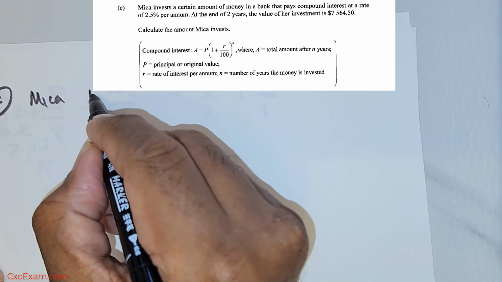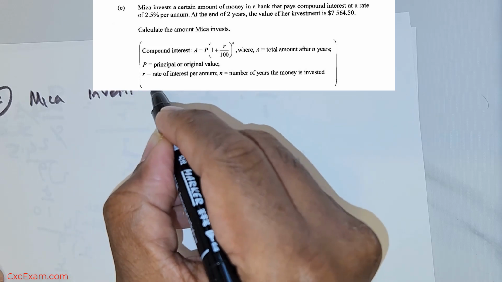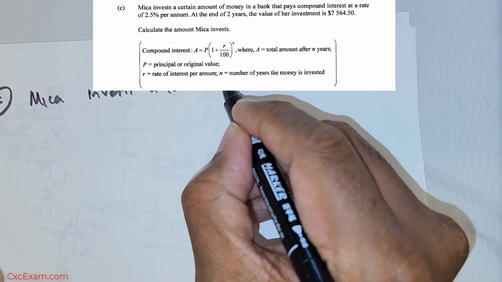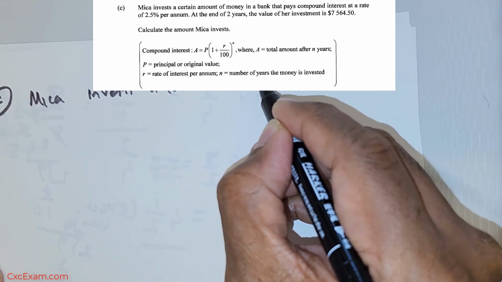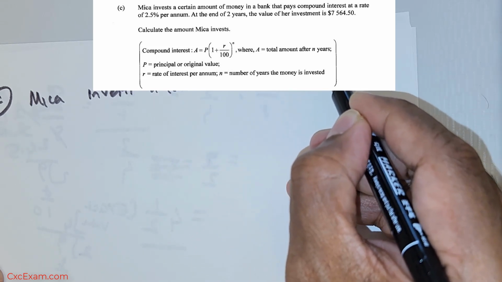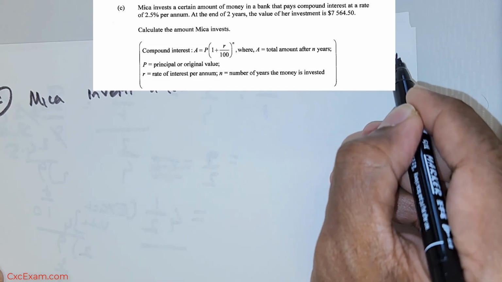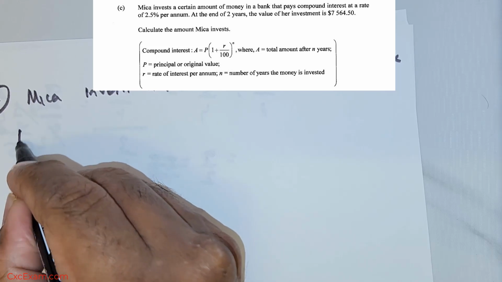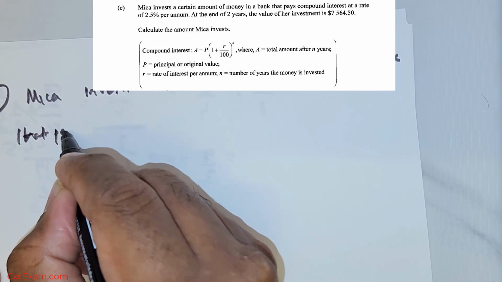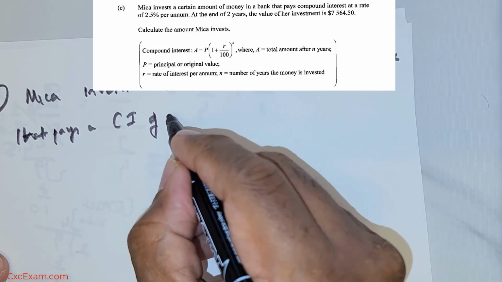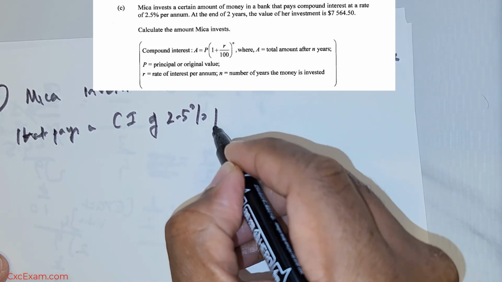Mika invests a certain amount of money in a bank that pays compound interest of 2.5% per annum.